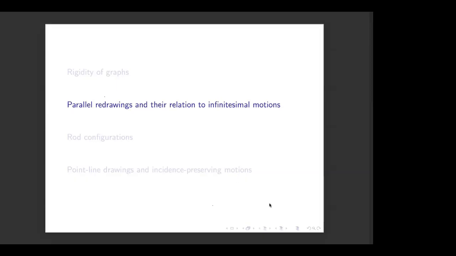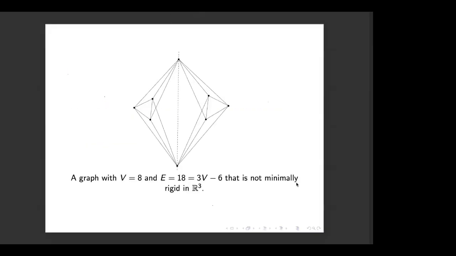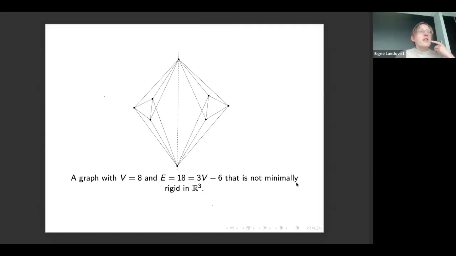Is there some basic structure you can add to the double bananas to make them rigid? Yeah, that's a good question. So I don't think there is. But if you add an edge here, between these two, then they would no longer be able to rotate independently.